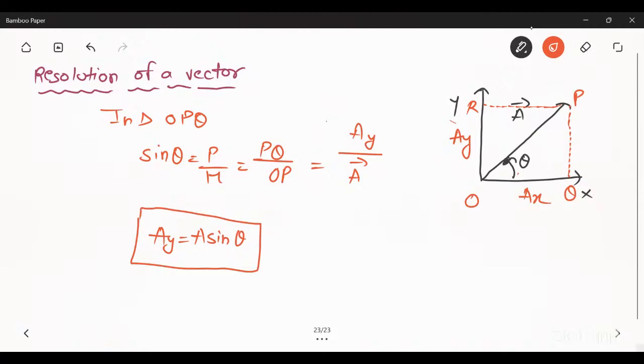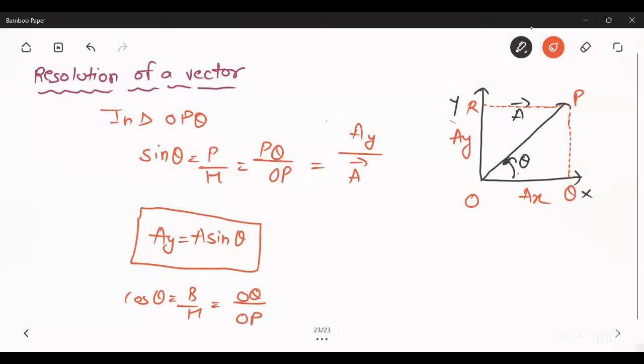Next, in the same triangle OPQ, cos theta is equal to base upon hypotenuse. So what is the base? AX, and the hypotenuse OP is A vector.